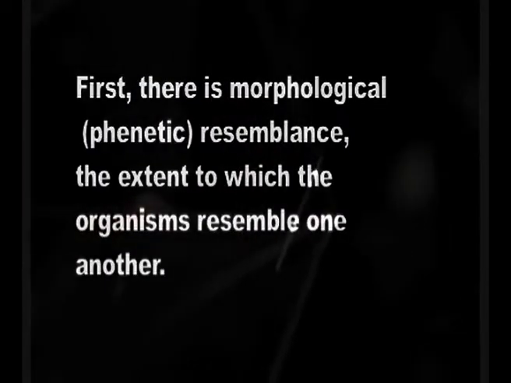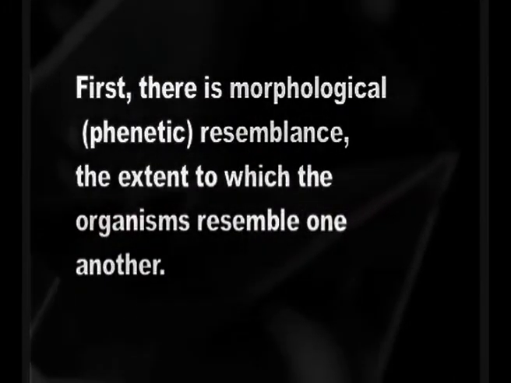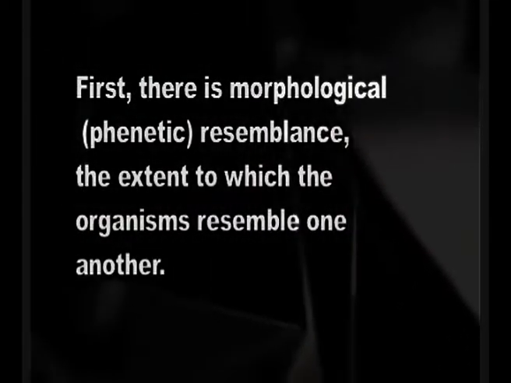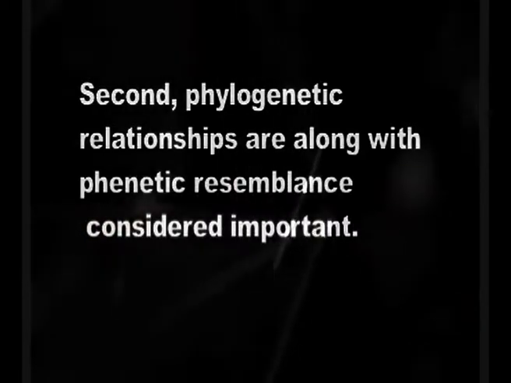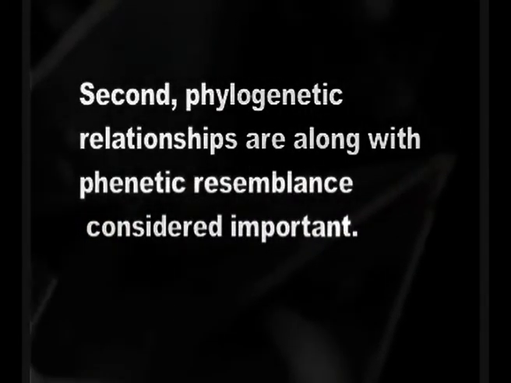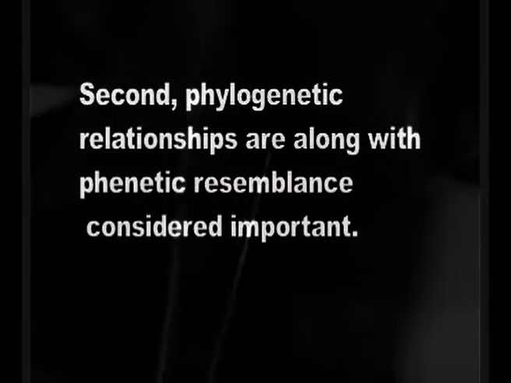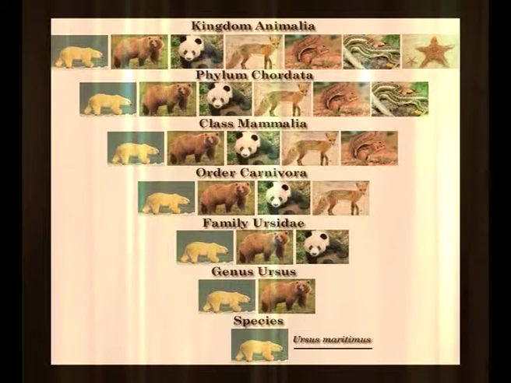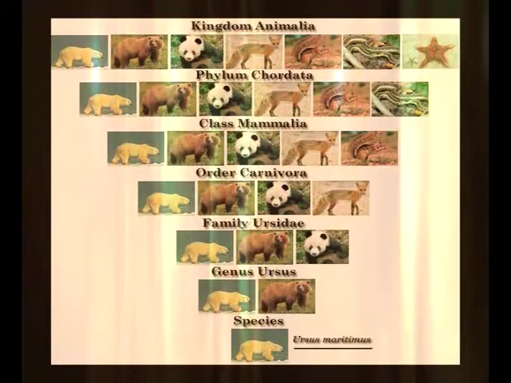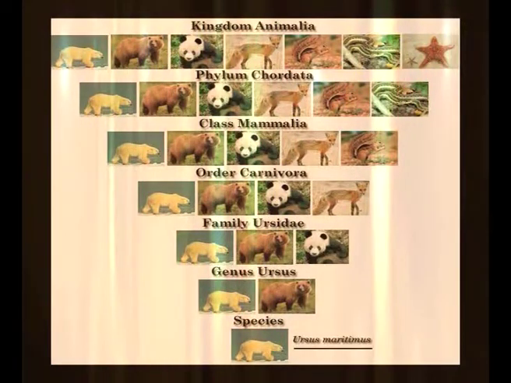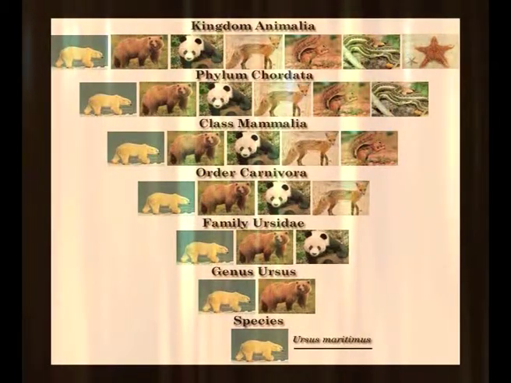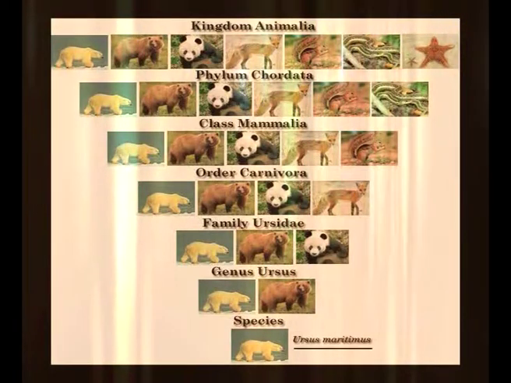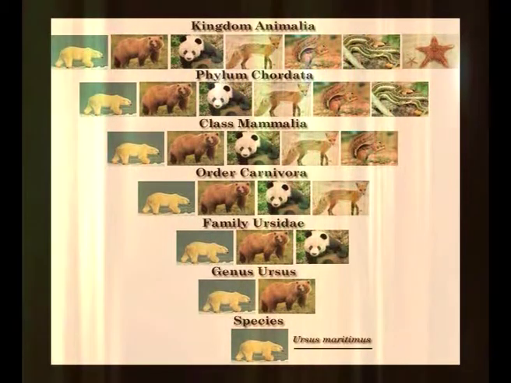First, there is morphological or phenetic resemblance, the extent to which the organisms resemble one another. Second, phylogenetic relationships are, along with phenetic resemblance, considered important. By this is meant the way, as far as can be determined, in which the organisms are actually related to each other, that is, in terms of recency of common origin, which of course grades into evolutionary taxonomy.